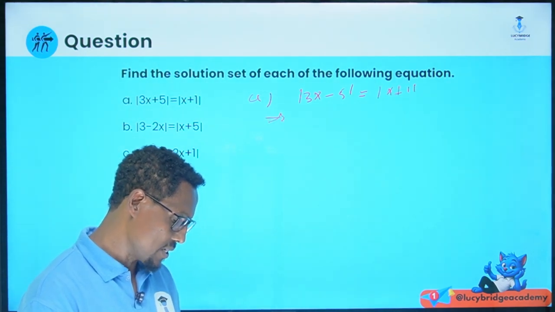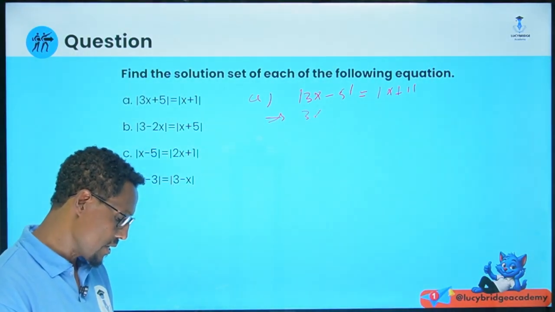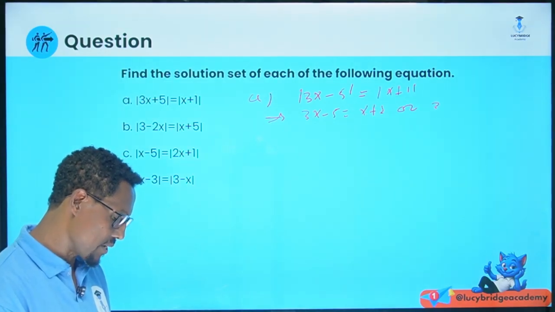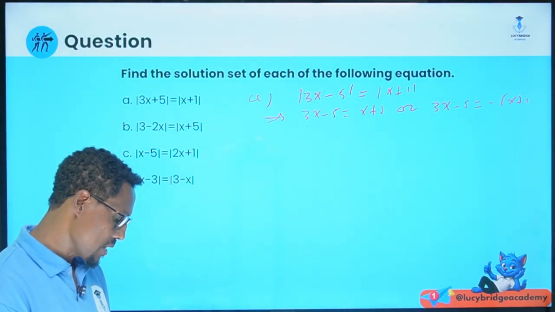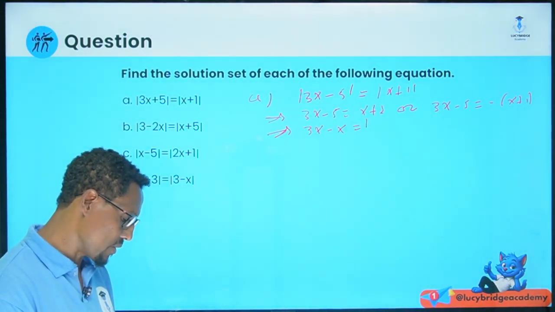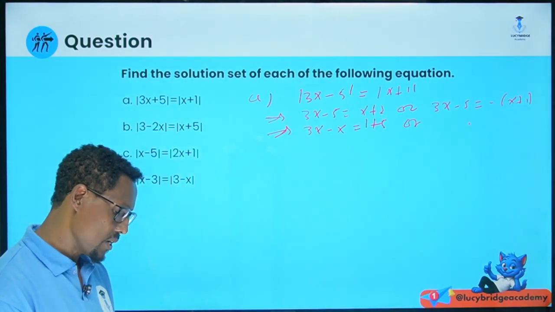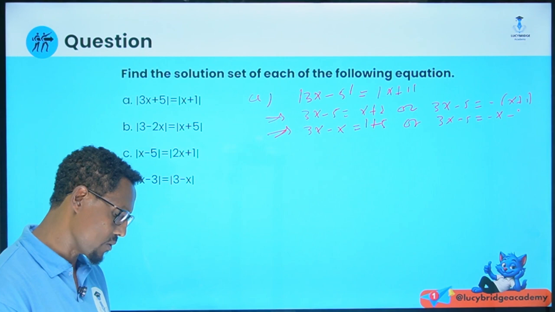This implies that 3x minus 5 is equal to x plus 1, or 3x minus 5 is equal to minus of x plus 1, okay? Implies 3x collecting like terms minus x is equal to 1 plus 5, or 3x minus 5 is equal to minus x minus 1.